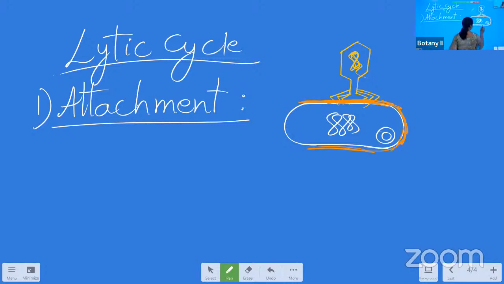I am drawing the mucilaginous sheath with the orange color so that the cell wall, which I have drawn with the white color, can be very clear. It will be very clearly visible to you right now, isn't it?